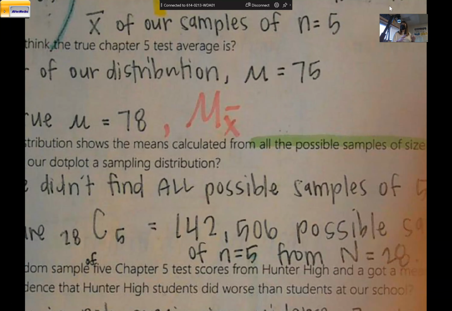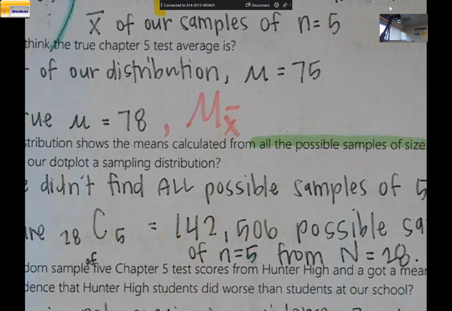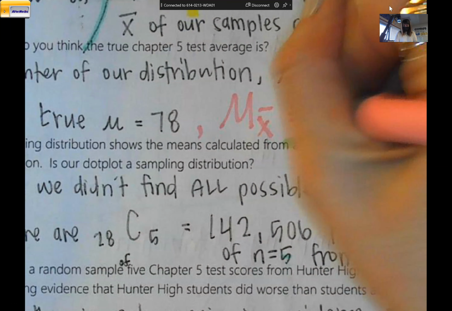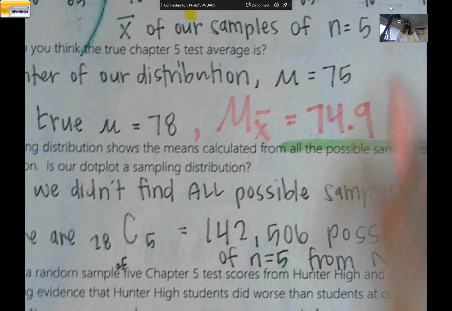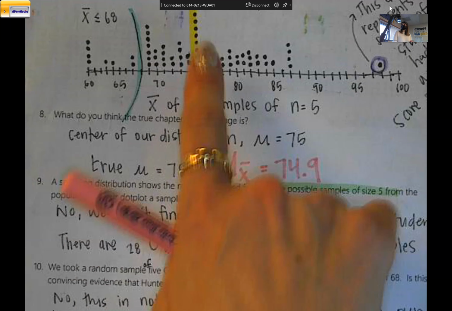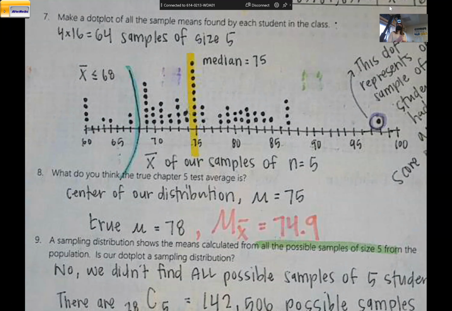So our true average test score is 78. What is the average value of our samples? That is 74.9. And how I found that was, and I'm pretty sure that this is accurate, I put all of these values in my calculator and then used my calculator to find the average value.